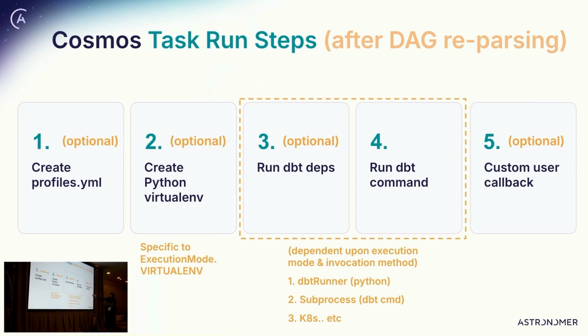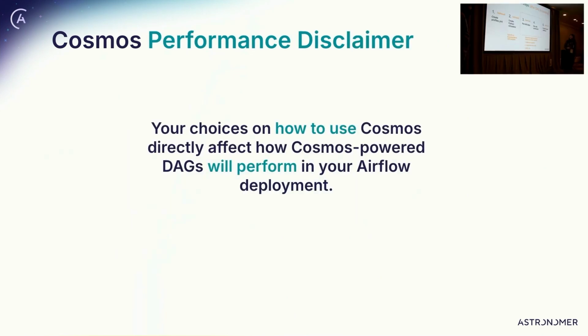And then in many Cosmos operators, people can define callbacks. So this is all that happens during a task run. The first aspect we have to say is, the more magic you use in Cosmos, the more expense you will likely have. Someone pays the cost of that magic.